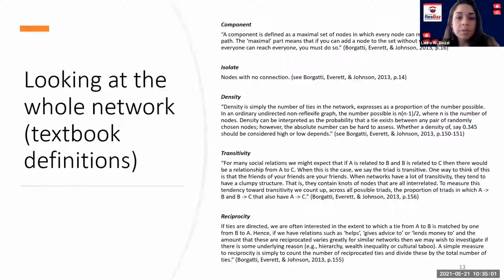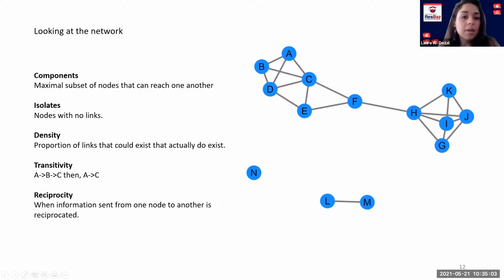Transitivity usually looks at three-group connections. If A is connected to B and B is connected to C, then A is also connected to C. It's like if my friends are friends, I'm friends with my friend's friends.